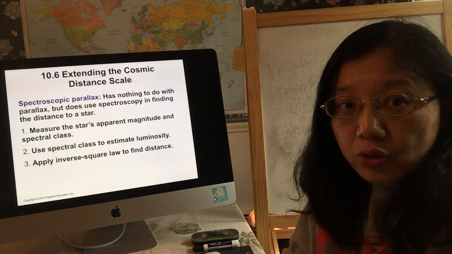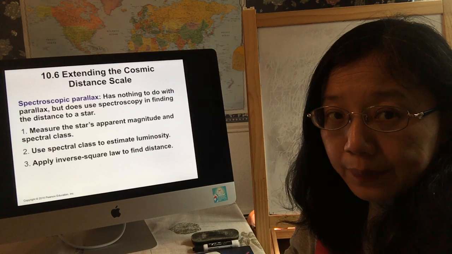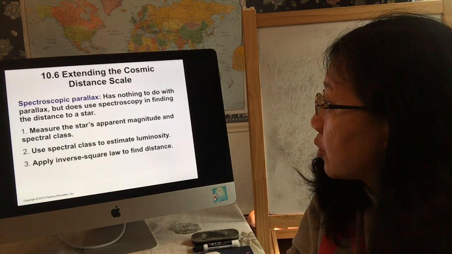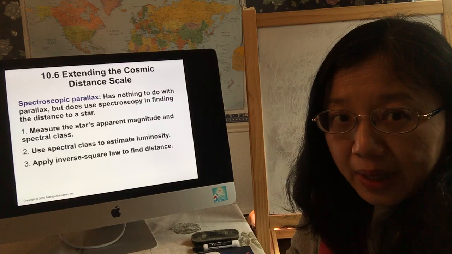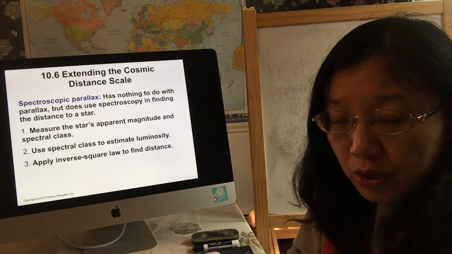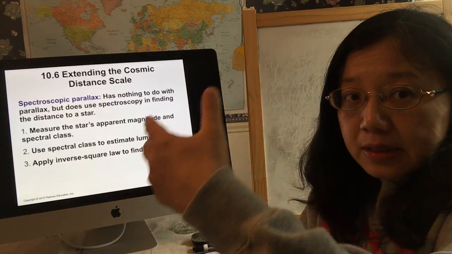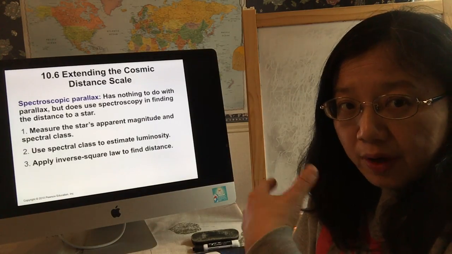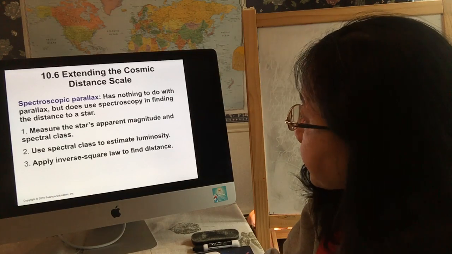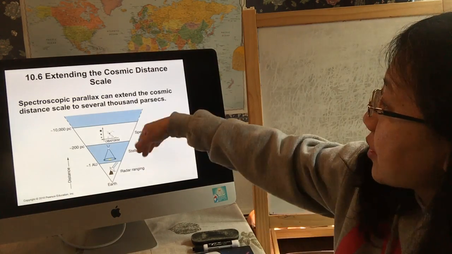I'm not going to ask you to calculate the distance based on luminosity, or on the absolute magnitude and apparent magnitude relationship, but I want you to understand this is one of the methods we can use to measure the distance of some object which is very far away from us, for instance, stars.